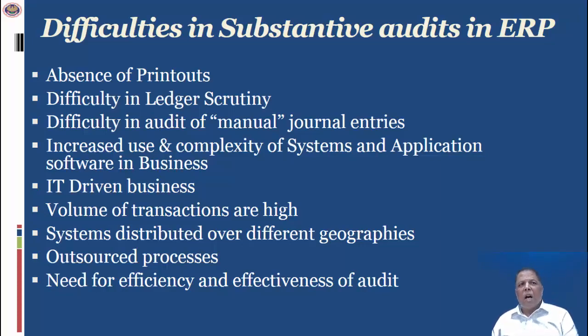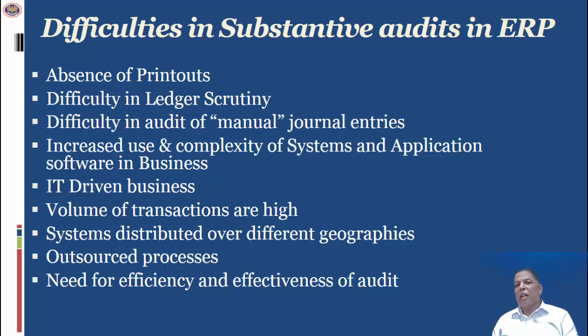Third, how do you audit manual entries? We will have a separate session on manual entries, but conceptually, unlike the manual books of account, there may not be only one type of transaction having manual entry, and there may not be a maker checker to control these entries.